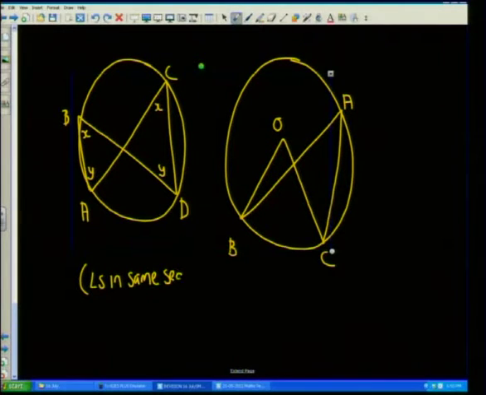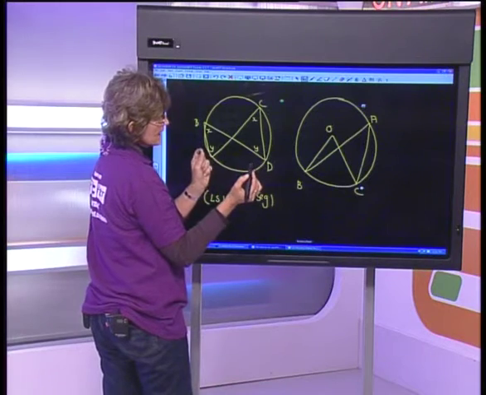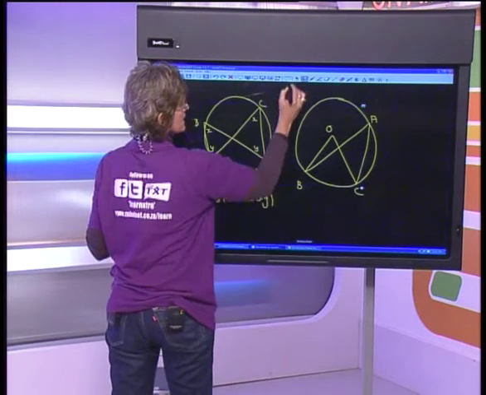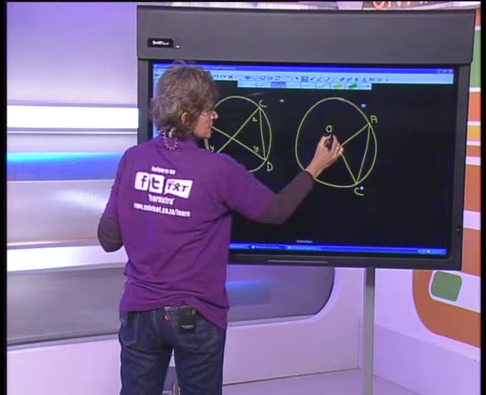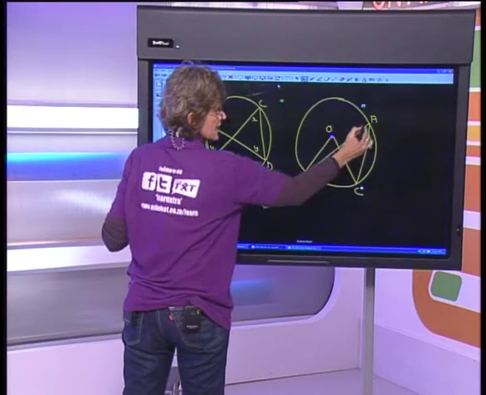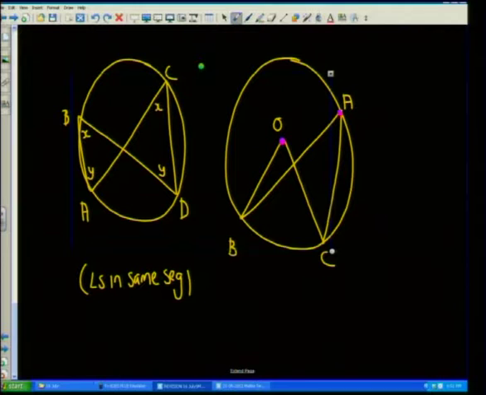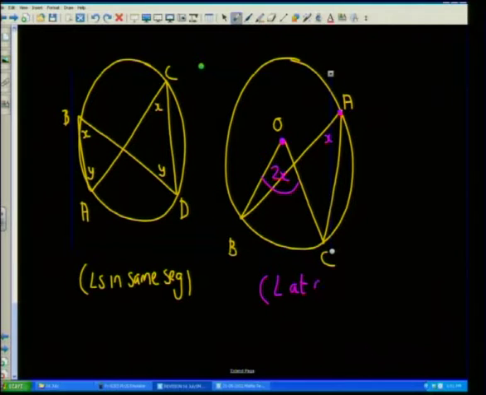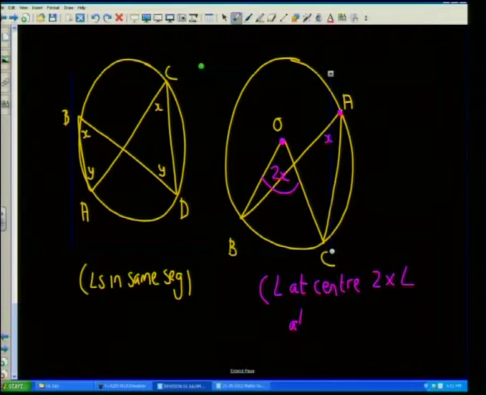Whereas this one, although it almost looks like a bow tie and almost looks like cat's ears, the very big difference is that this one is subtended to the center, that one is subtended to the circumference, and so whatever this one is, 2x, that one there is going to be x. And that is an application of angle at center 2 times angle at circumference.